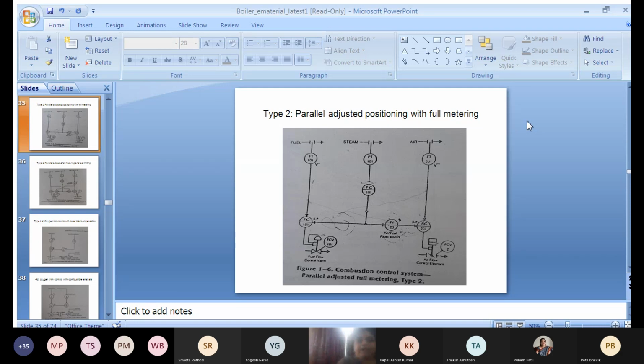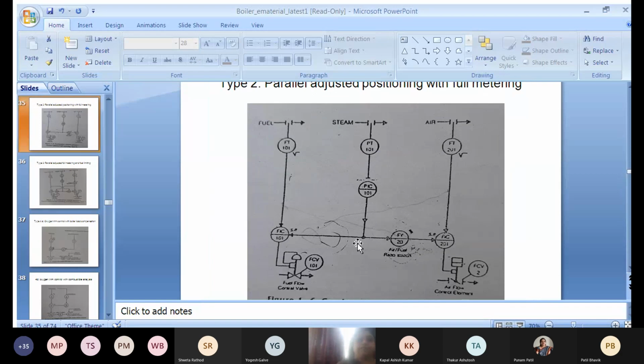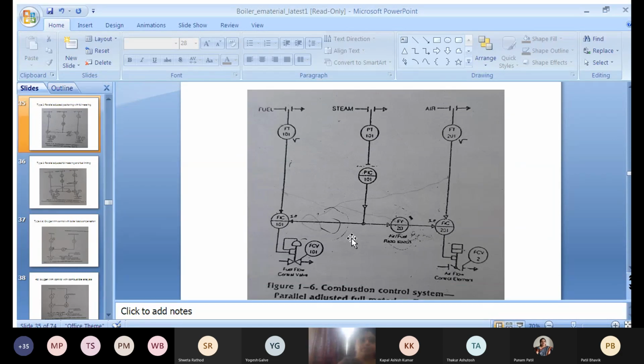Just look at the diagram. Try to read what is given as the abbreviation. Hope it is visible. No, ma'am, it's not visible.